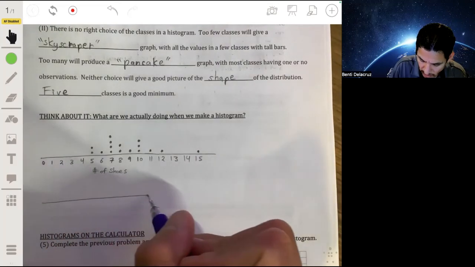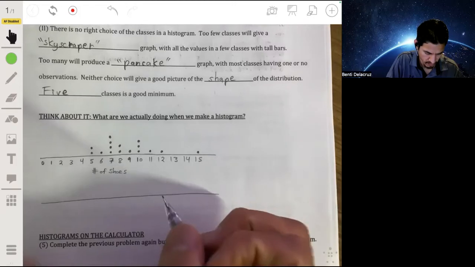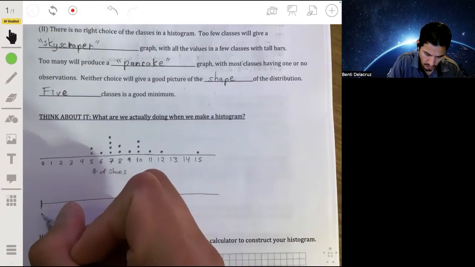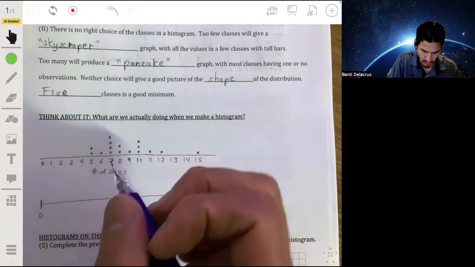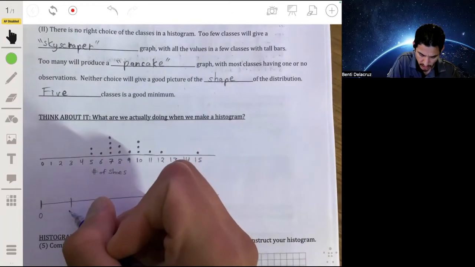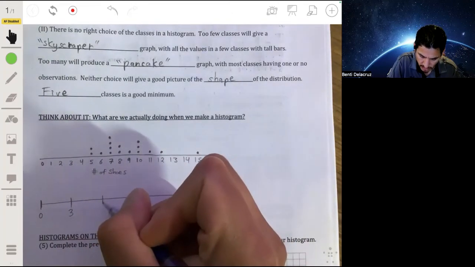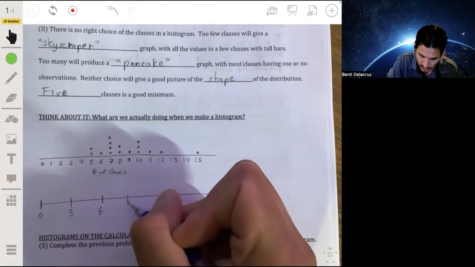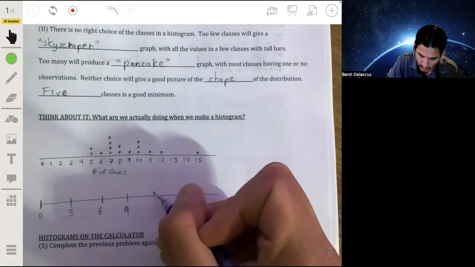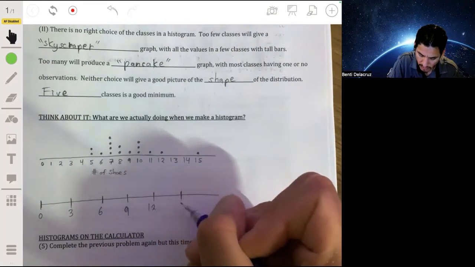We would have our graph, this would be 0. Here, let's make it 3. Let's make this then 6, then 9, then 12, and then 15.